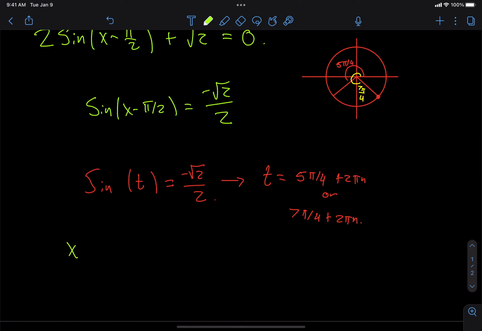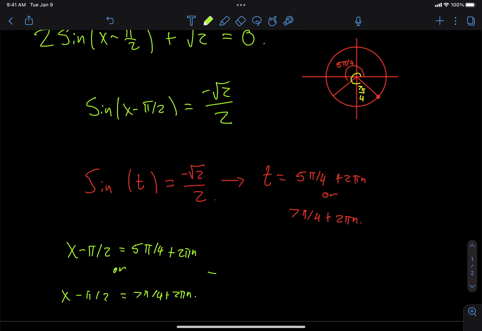It looks like x minus pi over 2 should be equal to 5 pi over 4 plus 2 pi n, or x minus pi over 2 should be equal to 7 pi over 4 plus 2 pi n.